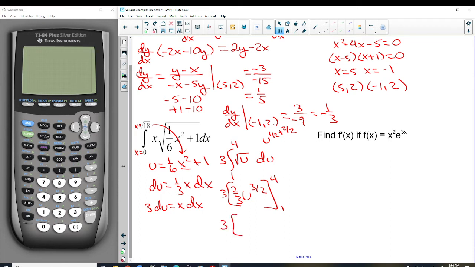So 3 times 2/3, 4 to the 3/2 minus 2/3. Why did I write 3/2? 2/3 times 1 to the 3/2. All right, finish it.